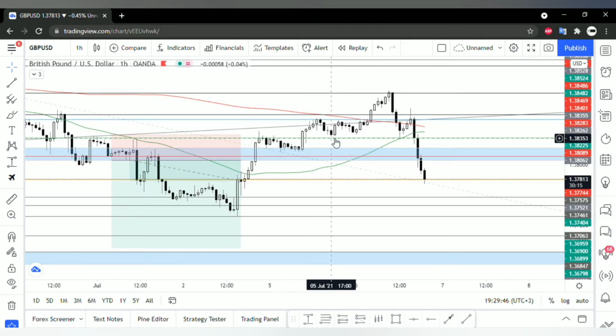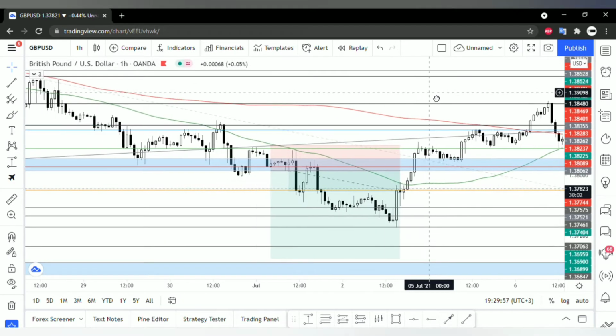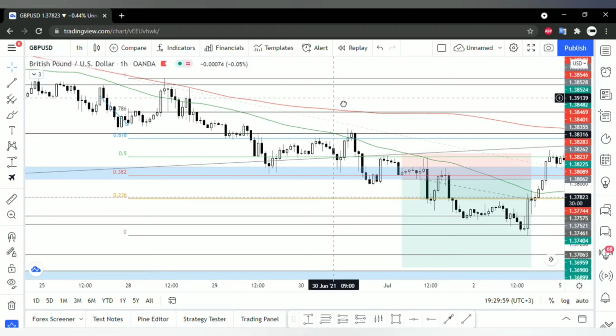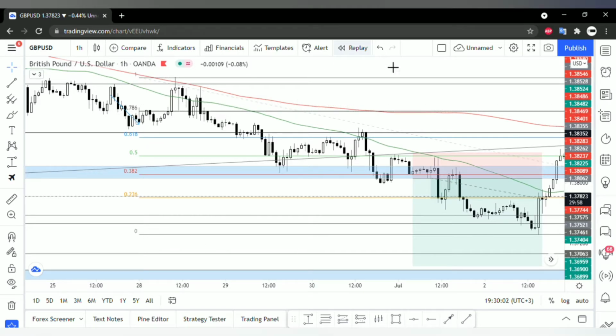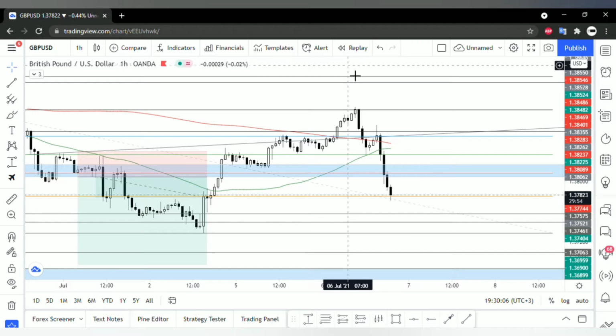It retested this 0.5, found support on it, and kept ranging over this area for quite a while. Then it managed to break out of that level and went all the way back to level 0.786. That's where we found massive resistance and a lot of sellers' pressure.